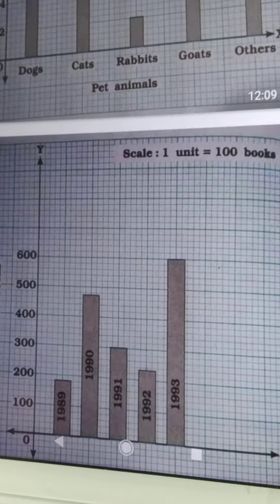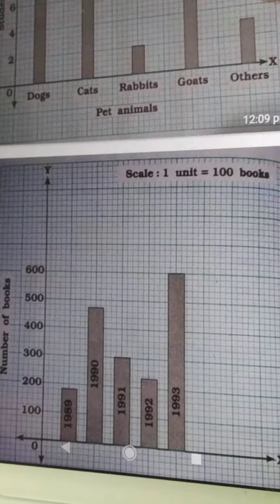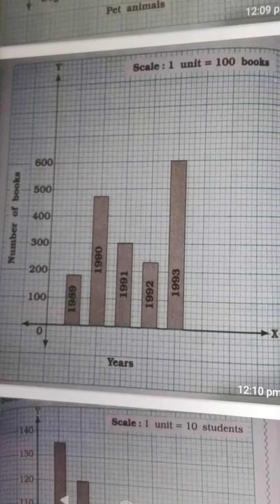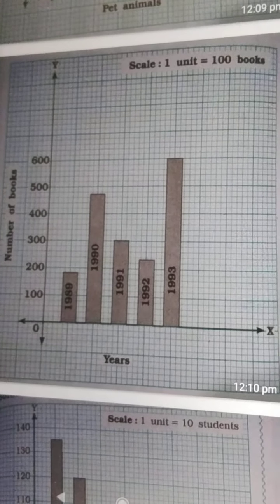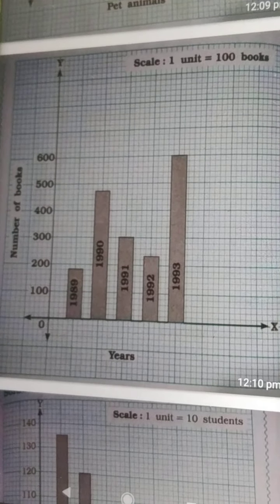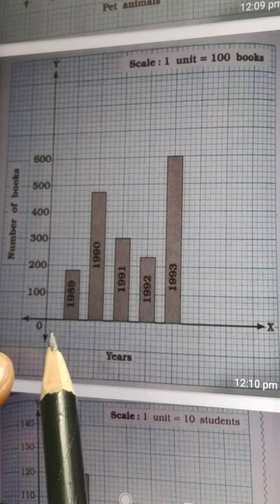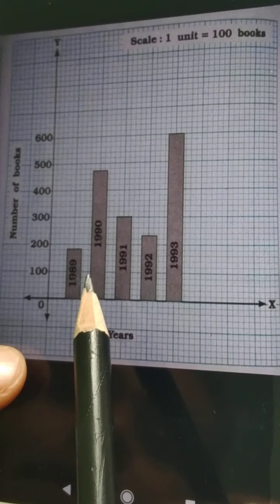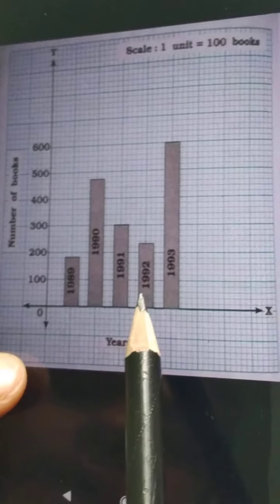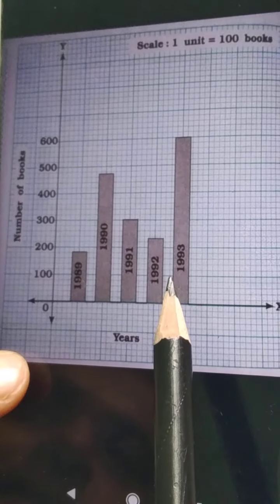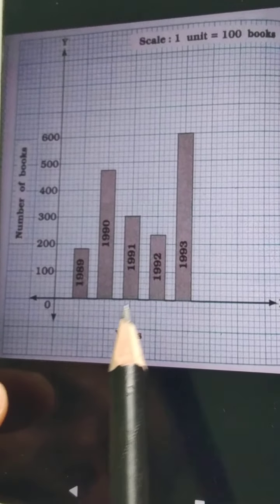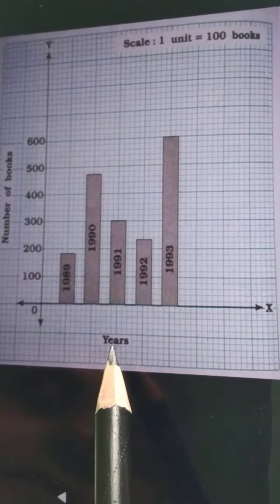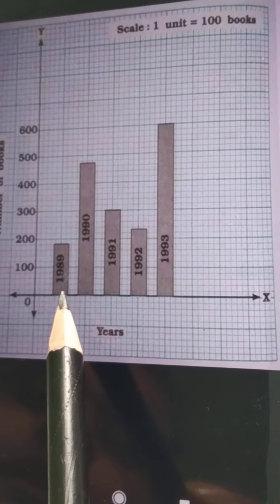Read the bar graph which shows the number of books sold by a bookstore during 5 consecutive years and answer the following questions. About how many books were sold in year 1989, 1990 and 1992. See here 1989, 1990, 1991, 1992 and 1993 are the different years. On x-axis there are years, right?